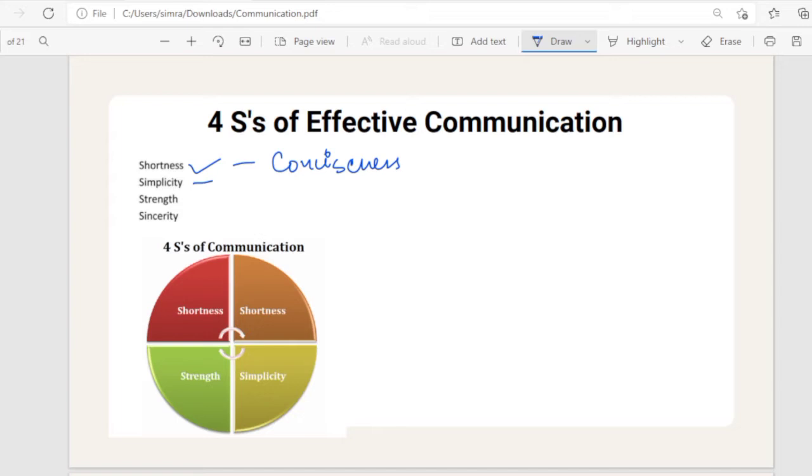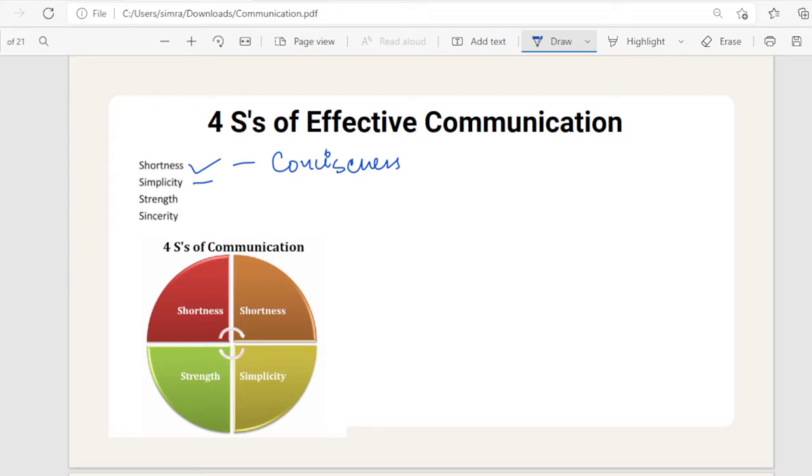kind of related to strength. Sincerity means I am sincere in teaching you all. I am the sender, you are the receiver. If you feel that ma'am has taught something wrong, or ma'am is trying to avoid certain topics, she is not teaching some topics, you will be able to catch that I am trying to hide some of the topics.